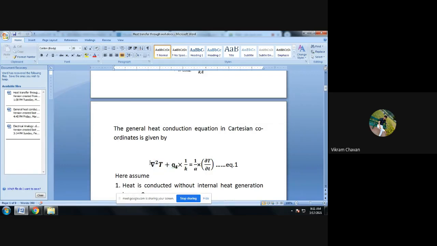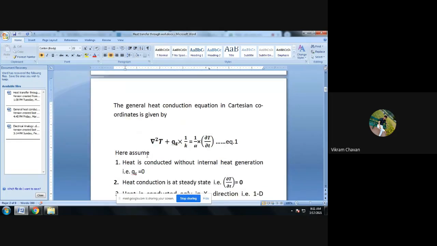So for that reason we are using the general heat conduction equation in the Cartesian coordinate system for the wall. We have discussed this equation: del square T plus Q suffix G upon K is equal to 1 upon alpha multiplied by dou T divided by dou small t. So it is equation number 1.